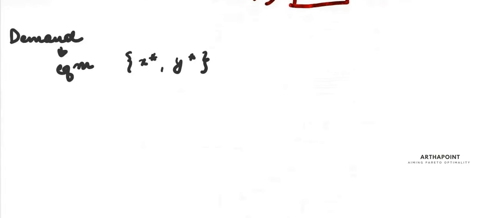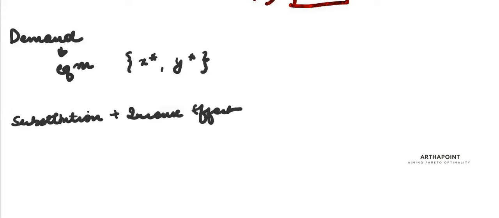Then I'll go to the next topic, which would be substitution and income effect. And again, I will be doing this for different kinds of goods: normal goods, inferior goods, Giffen goods. And this is again very, very important.